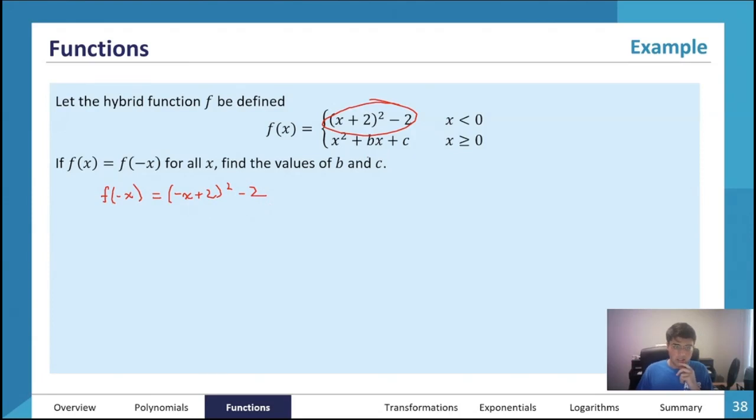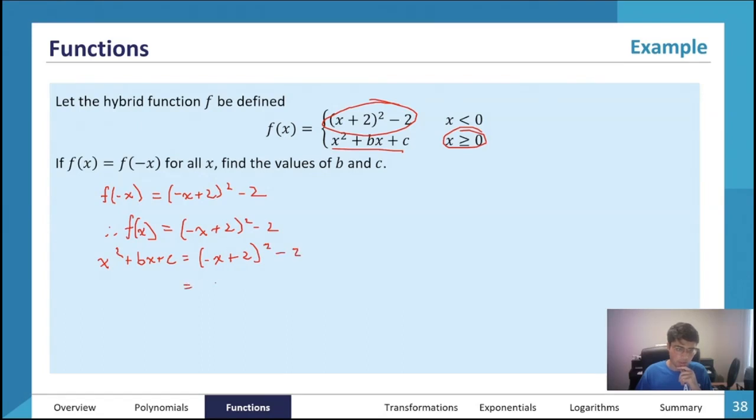This has to be then equal to the positive part of the function. So this is equal to f of x. But we know f of x is equal to x squared plus bx plus c, because we're taking the positive part, the part that's greater than 0. Then this is going to be equal to negative x plus 2 squared minus 2.